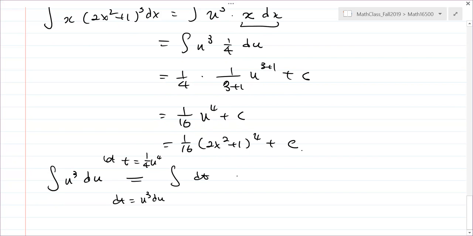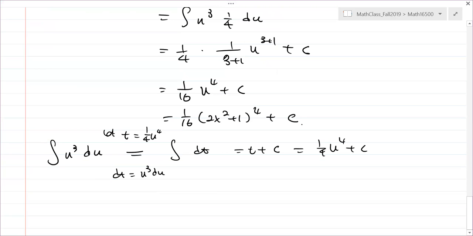So the integral of dt is going to be t plus a constant. And what is t? It's that. So you can also simplify to the simplest integral in the world: just the integral symbol and a d of some variable.